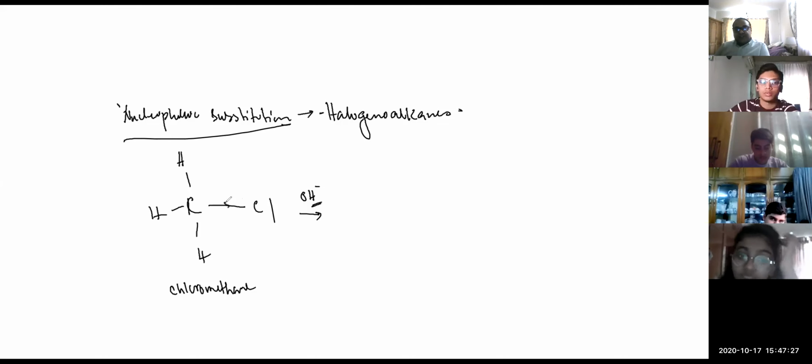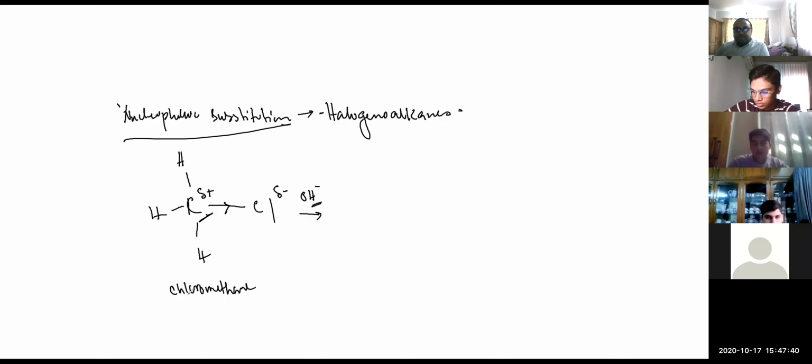Chlorine is very electronegative, so it becomes partially negative and this carbon becomes partially positive. So what do we call this partially positive carbon atom? Carbocation. And this is a nucleophile.